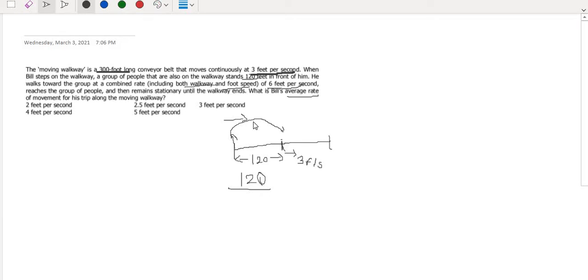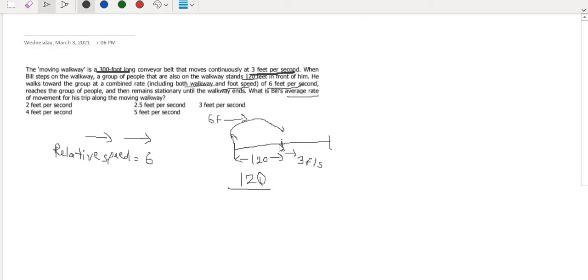When two objects move in the same direction, we take the difference. The relative speed is the difference between their speeds.